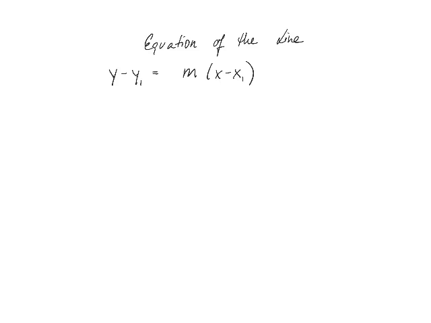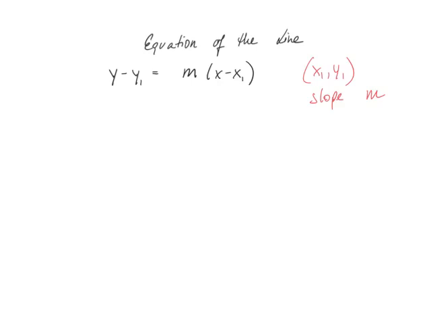Okay, so what we need for this is a point, x1, y1, and the slope m. Once we are given a point and the slope, then we can put that into the equation.